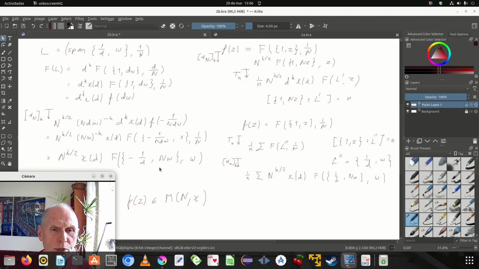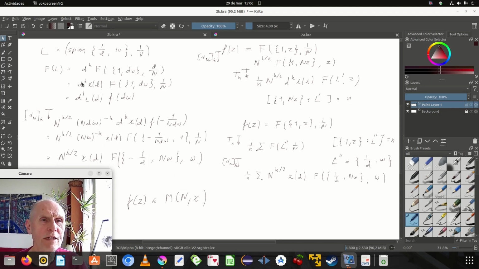Then this is what we get. And that means we've found out that we can use the same lattice, but instead of the real point here, we get 1/n of a complex generator, and any one can be used, of course.